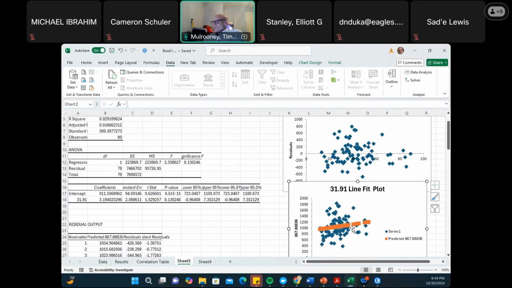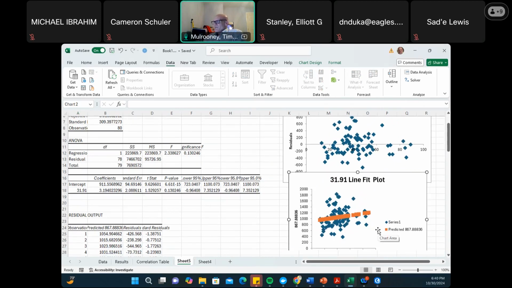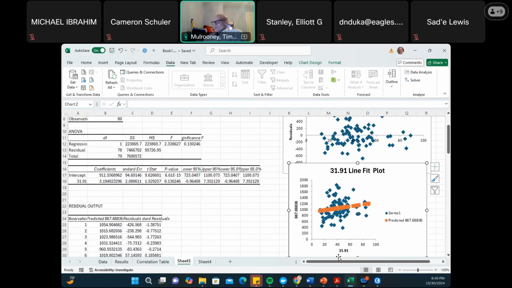So this is percent minority, this is our rates. And you can see here, as percent minority increases, so do our age-graded death rates.